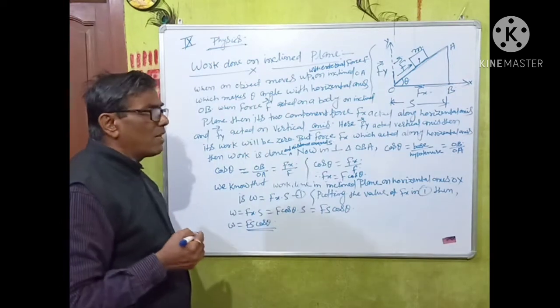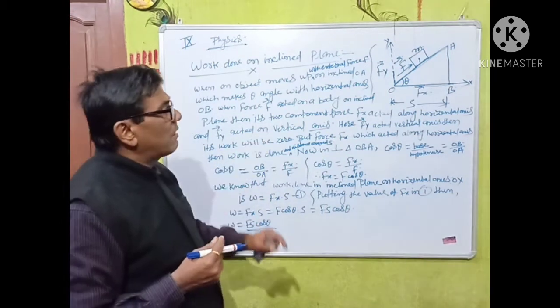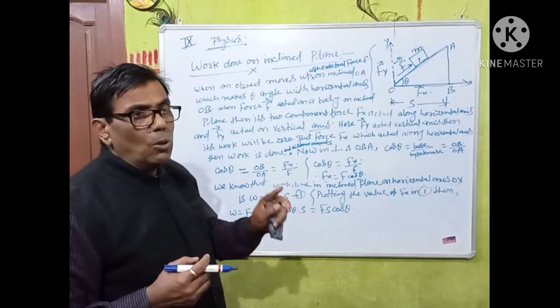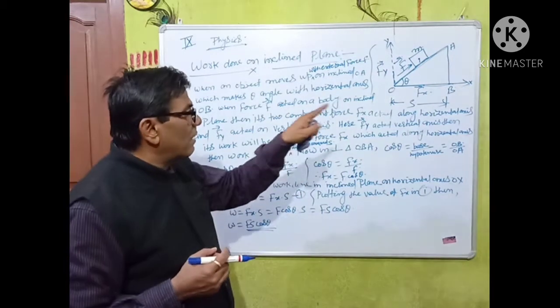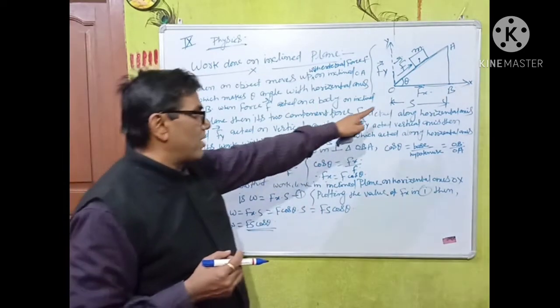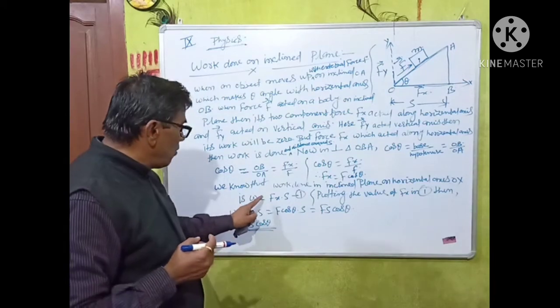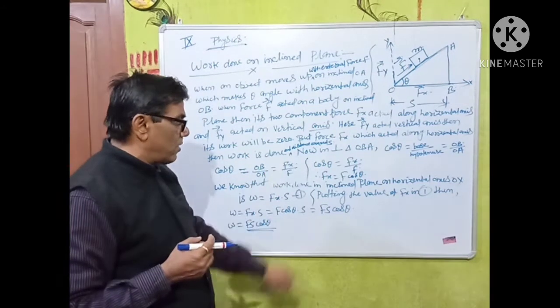We know that work done along the horizontal axis is equal to the force acting along the horizontal axis, Fx, times the displacement S. So W is equal to Fx into S, equation first.